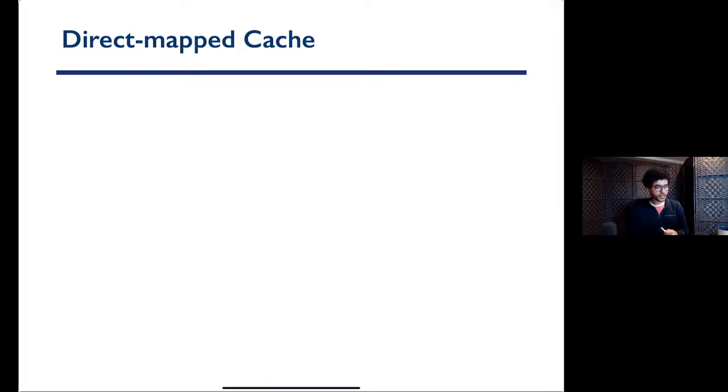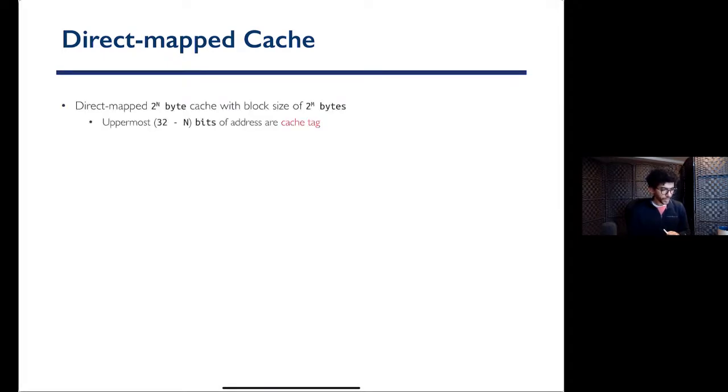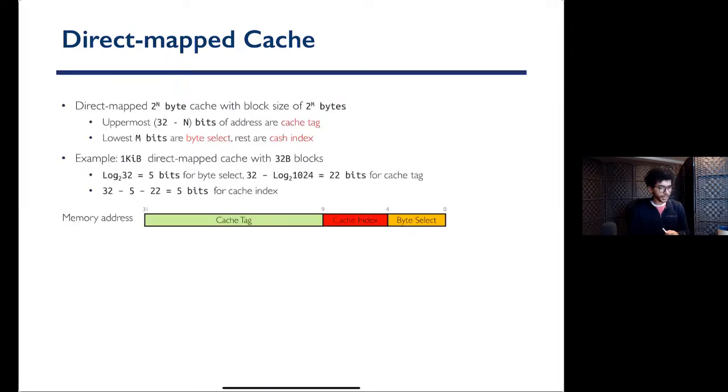Okay, so let's look at direct map cache. Let's assume that my block size is 32 bytes. This means that I need log of 32, which is 5 bits. So 5 bits are going to go for byte select.